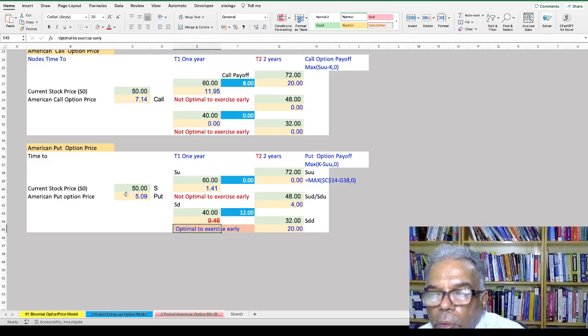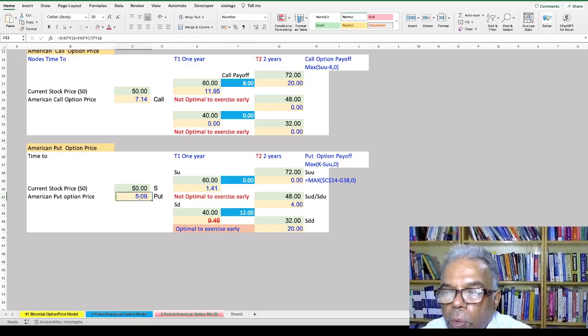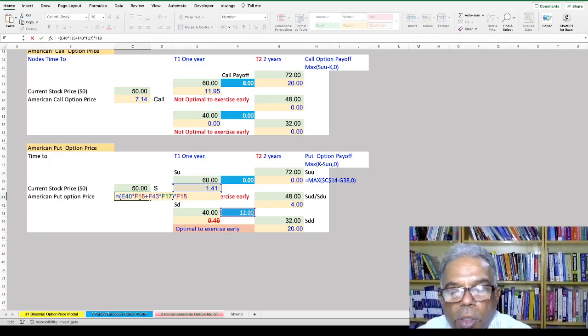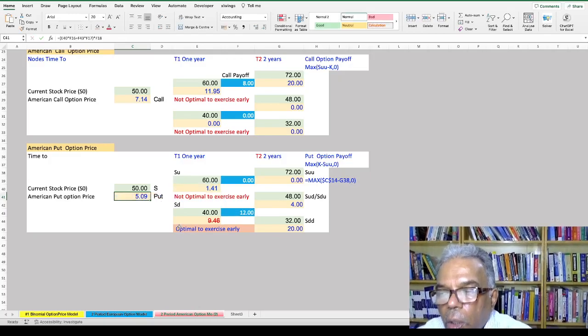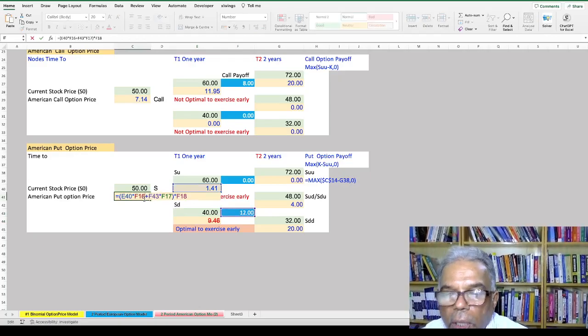And again you have to travel backwards: 1.41 into up probability plus 12 into downside probability, into the discounting factor. So the only difference is that whenever the exercise value is greater than the expected value, you have to consider it for calculating the option price.